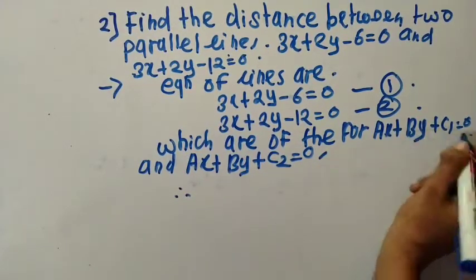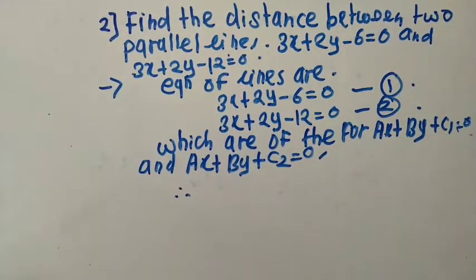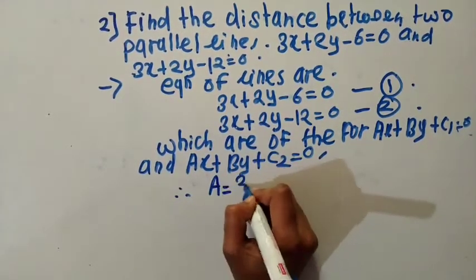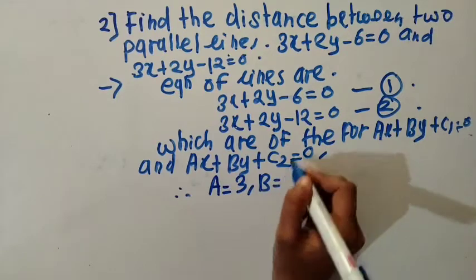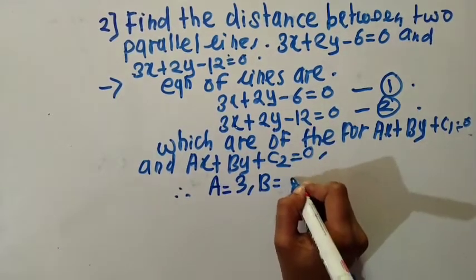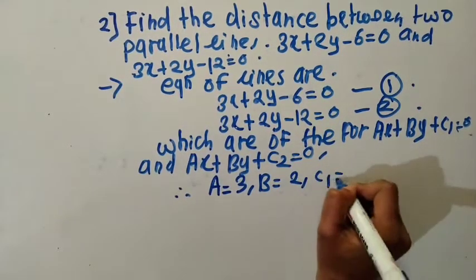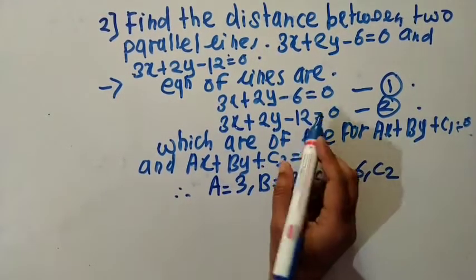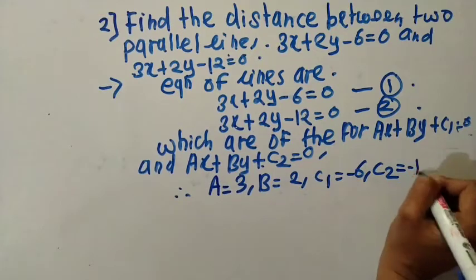Hence, comparing this equation, a is equal to 3, b is equal to 2, c1 is equal to -6 and c2 is -12.